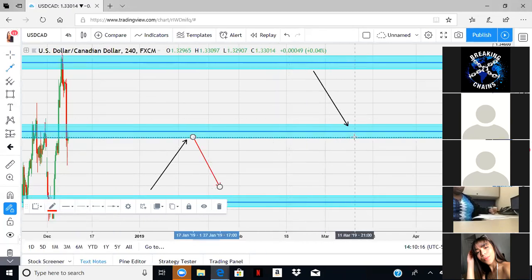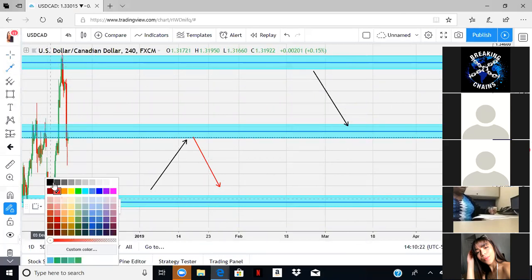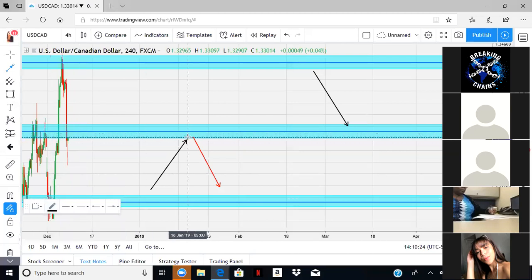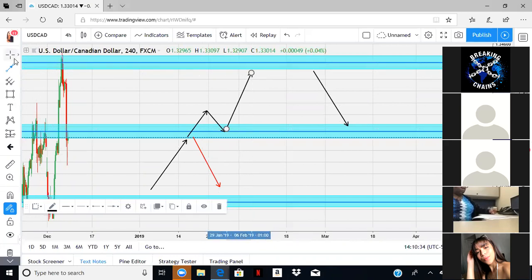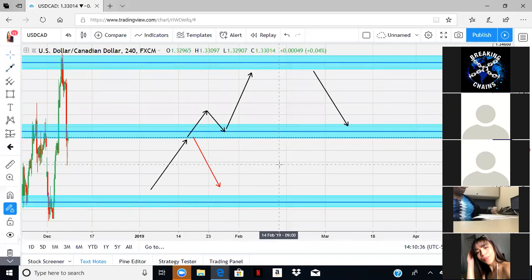Now, absolutely, it can break through that zone. However, I will not trade it unless it breaks through, retests, and then I will get in. I think Abel says no retest, no entry, right? I don't trade these patterns though. I'm just explaining why we're making the zones.